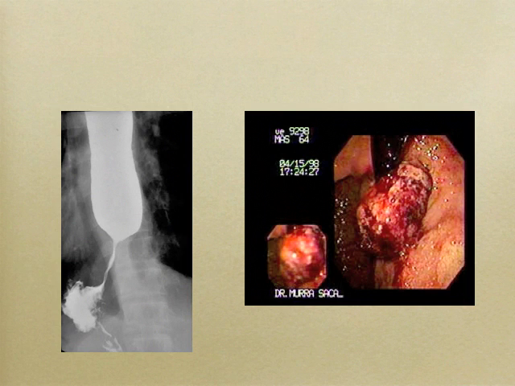The best indicator is other tubular structures in the gastrointestinal tract are also involved in Chagas disease. They are not involved in patients who have idiopathic achalasia. So if you have megaduodenum, megarectum, megacolon with megaesophagus, that's Chagas disease. If you only have involvement of the esophagus, that's probably idiopathic.